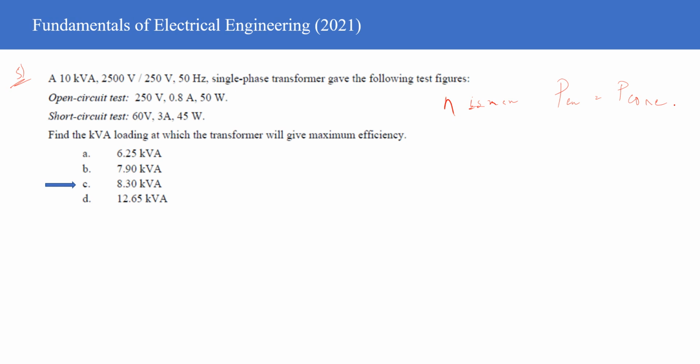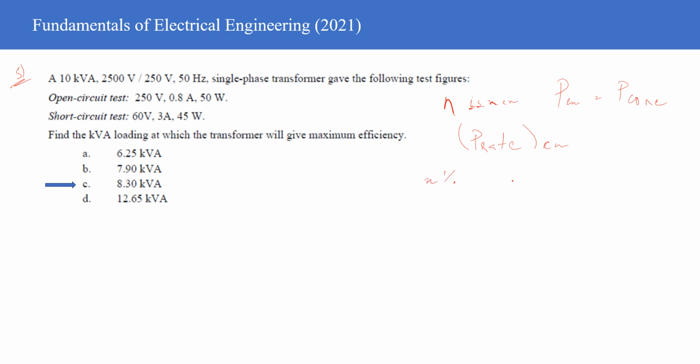Let's say my rated copper loss is P rated, right, and the transformer is running at a loading of X%.